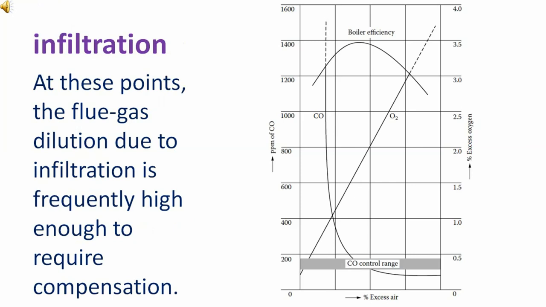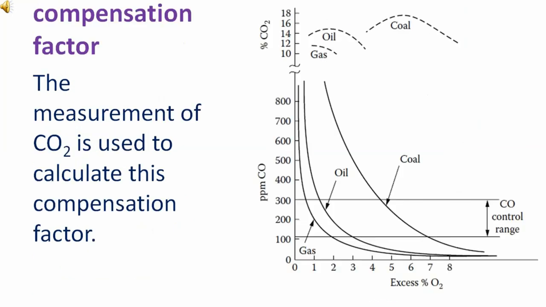At these points, the flue gas dilution due to infiltration is frequently high enough to require compensation. The measurement of carbon dioxide is used to calculate this compensation factor.